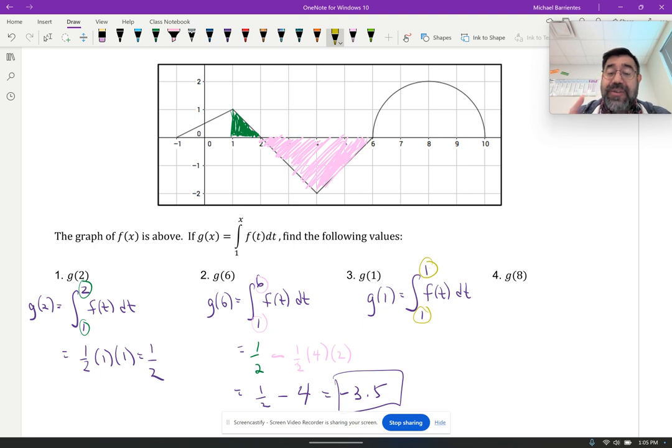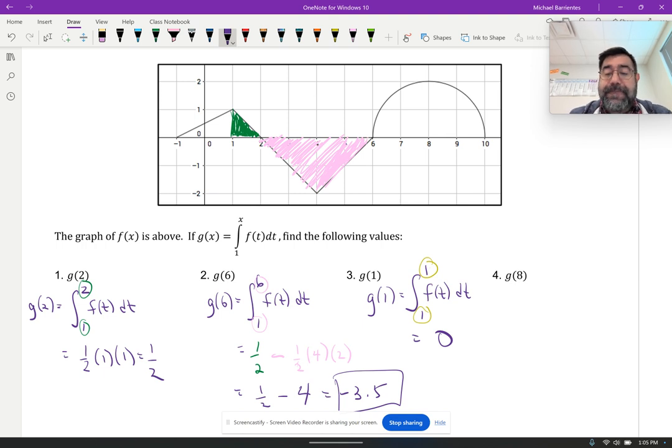No. So therefore, the answer to this is 0. So whenever my limits of integration are the same, that means my starting point and ending point are the same. I'm not accumulating any area because I'm not moving. I'm starting and ending at the same spot. My integral value is always going to be 0.